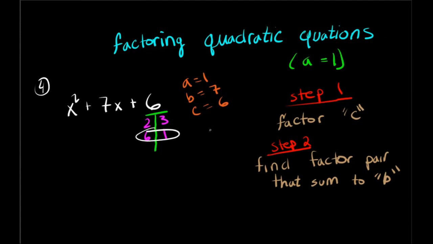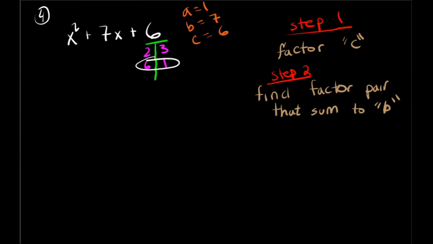And now, because our a coefficient is 1, we can just rewrite this as 2 binomials multiplied by each other, 2 binomial factors. And they're just going to be x plus 6 and x plus 1, because positive 6 and positive 1 are the factors we found. And that's the factored form of this equation.